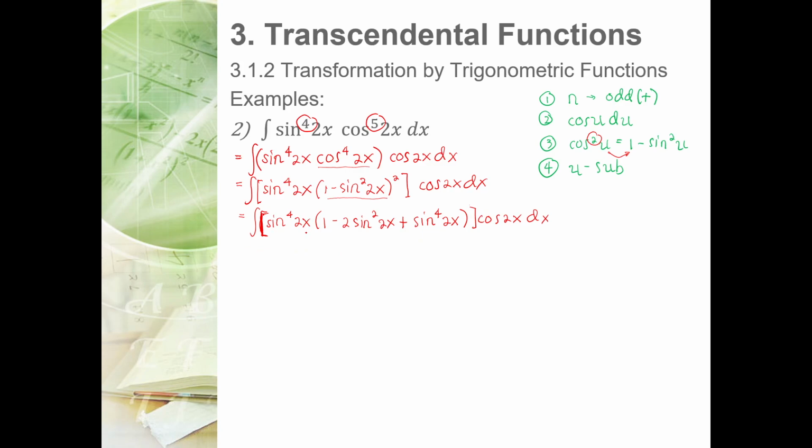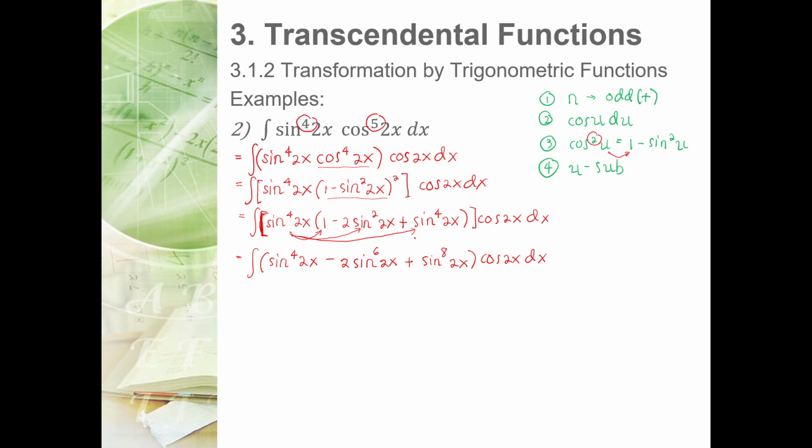Okay, so expanding. So multiply 3 times, di ba? So distribute. The first term is just sine to the power of 4 2x. Second term is minus 2 sine to the power of 6 na, di ba? 2x plus sine to the power of 8 2x, then cosine 2x dx.